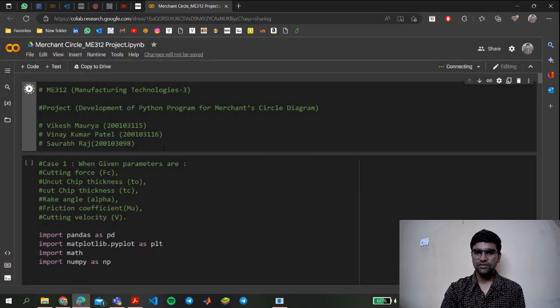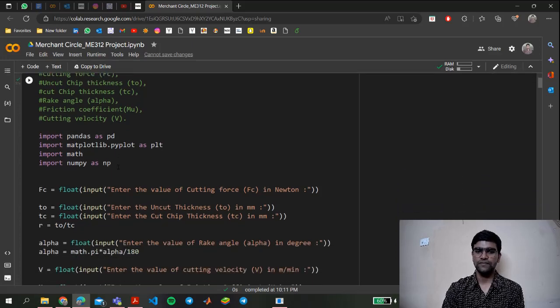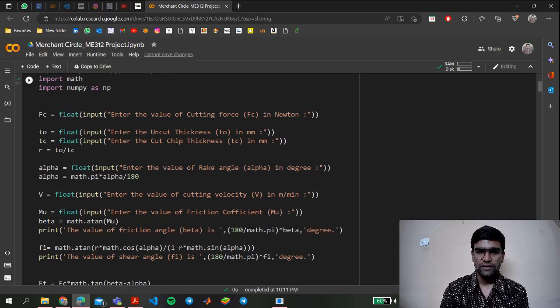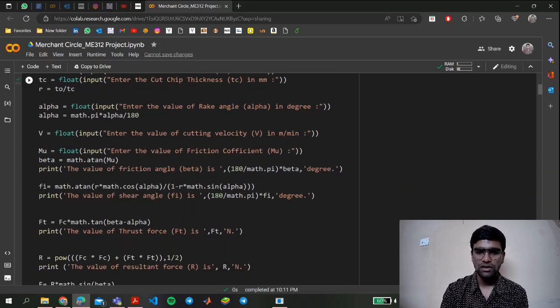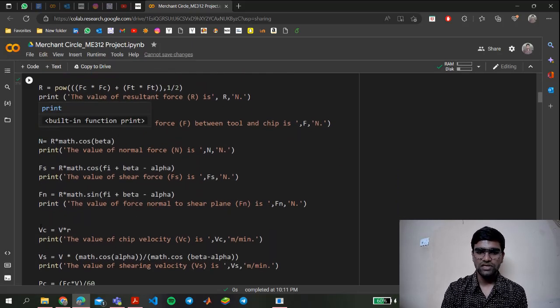Run anyway. Here we have our three cases for different given parameter inputs. Like in case 1, we are taking input of cutting force, uncut chip thickness, cut chip thickness, rake angle, friction coefficient, and cutting velocity. Let's quickly look into the code. We import pandas, matplotlib, math, numpy, and we are taking inputs here, and we have used formulas to find our various forces.